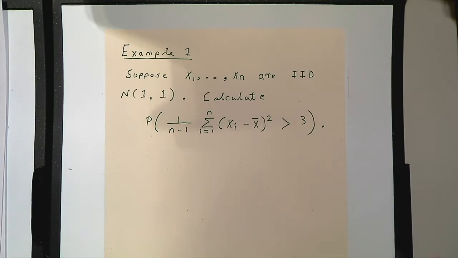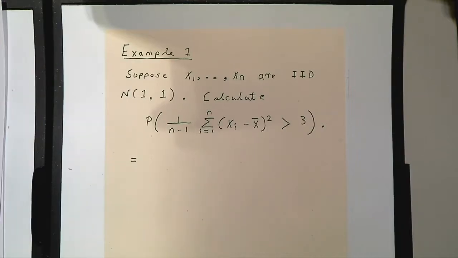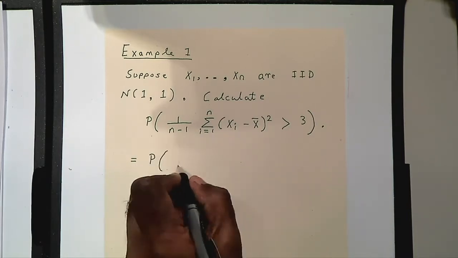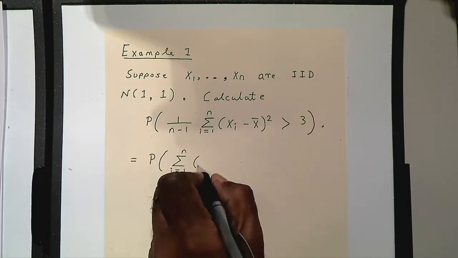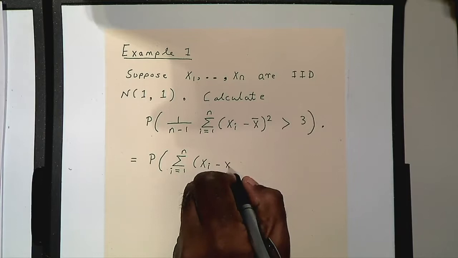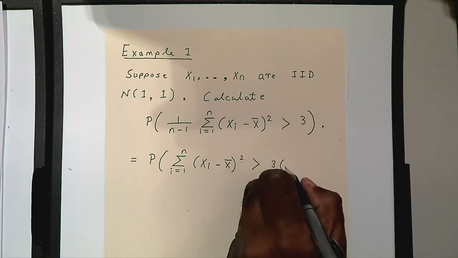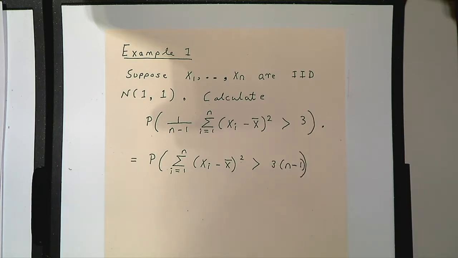Now, how would you do this, guys? You need to use one of the properties I talked about, which says that this quantity has this distribution. So we can write this as the probability that... okay? Are you with me?